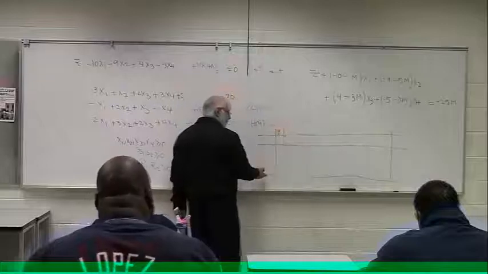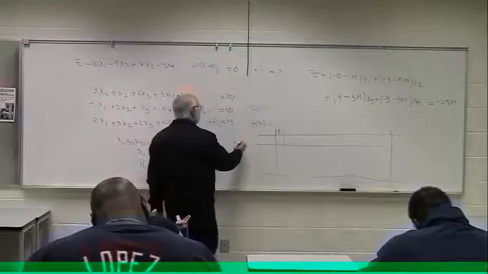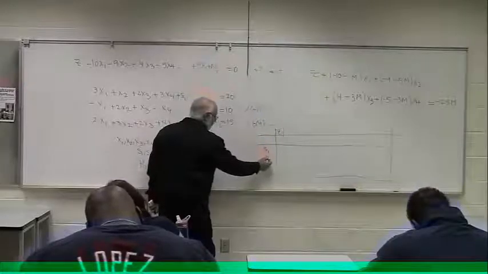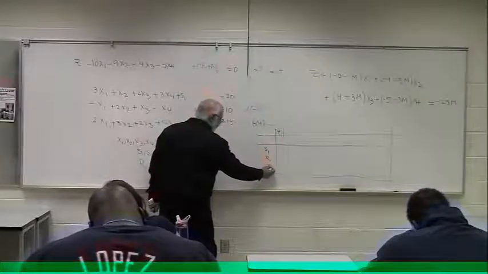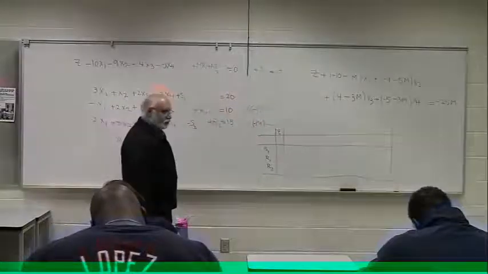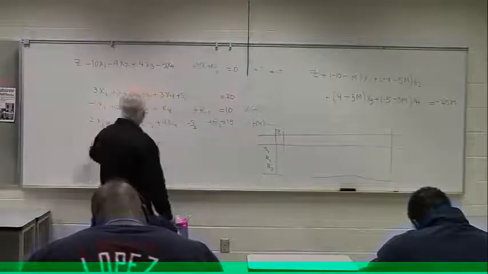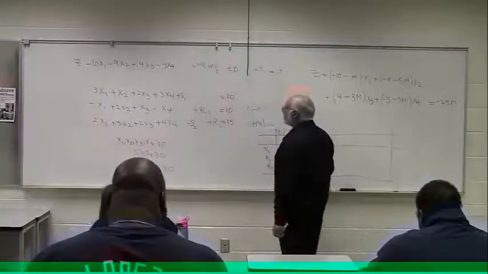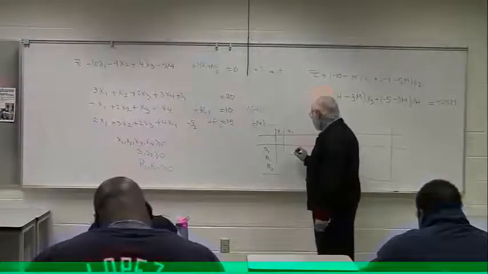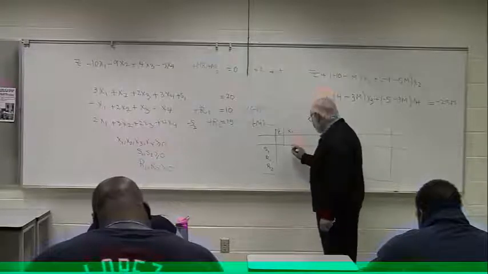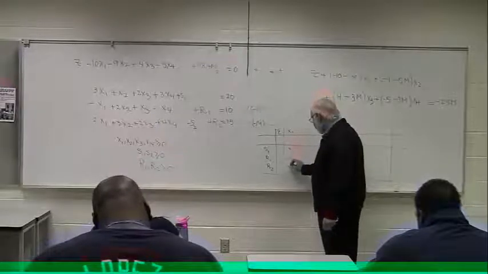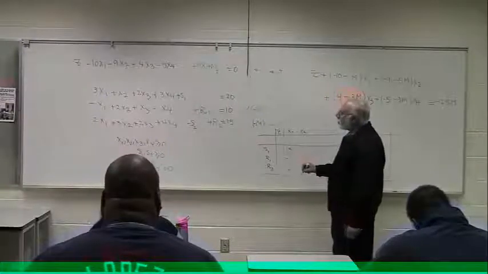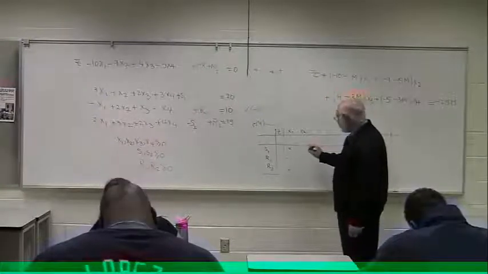So Z, my basic variables, which are S1, R1, R2. Under X1, I have 3, minus 1, and 2. Under X2, I would have 1, 2, and 3.